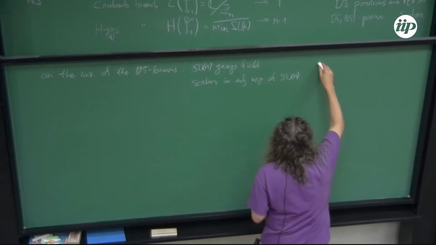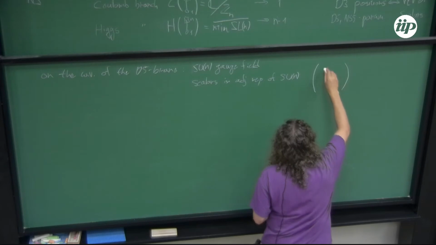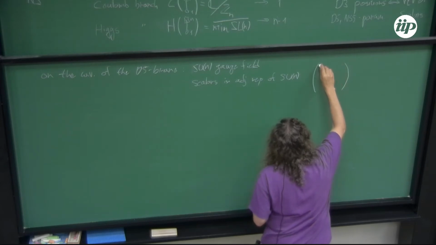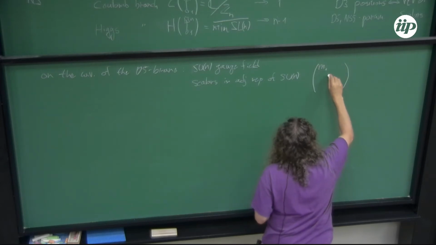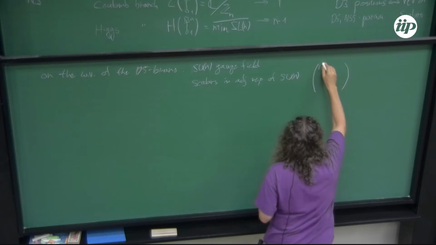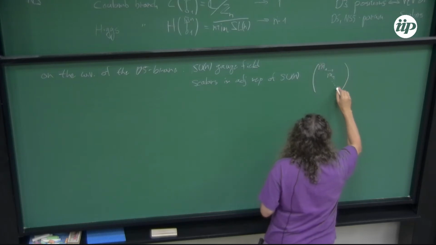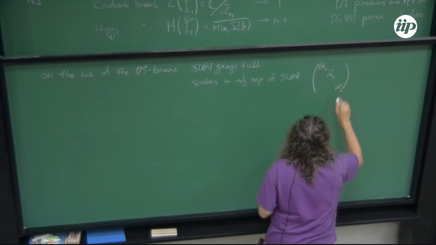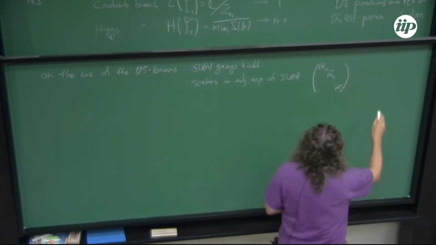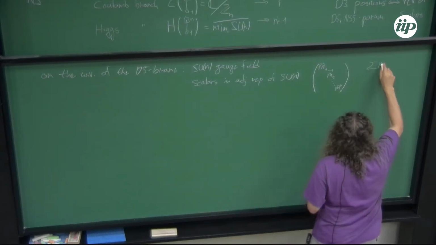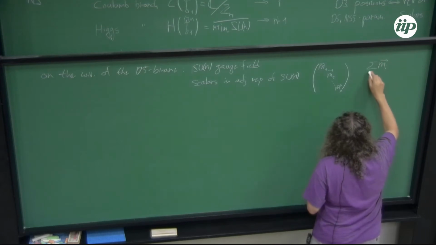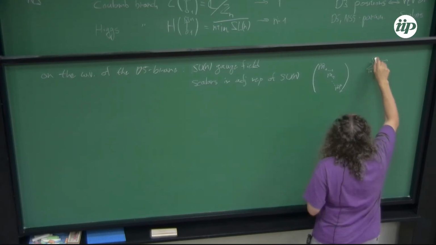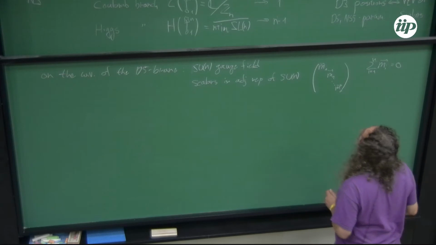I could also diagonalize them by putting eigenvalues, M1, M2, all the way up to Mn, with a condition that I can just set that the sum is equal to 0. That's the condition.